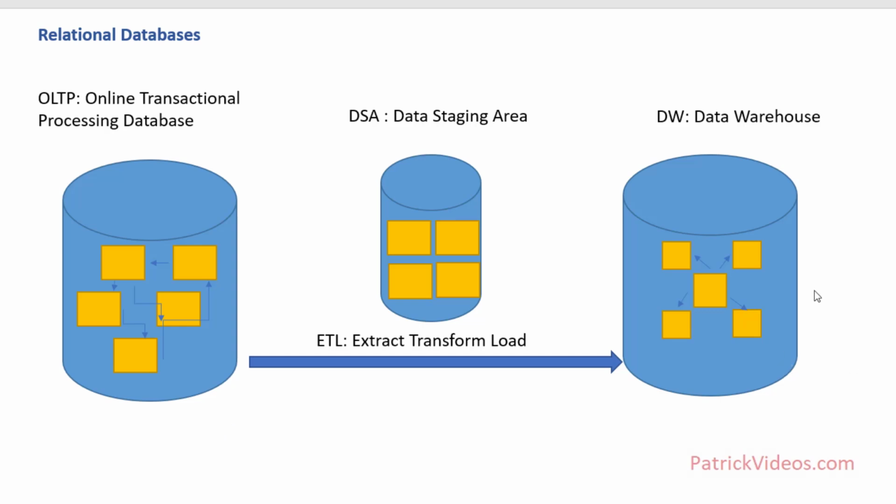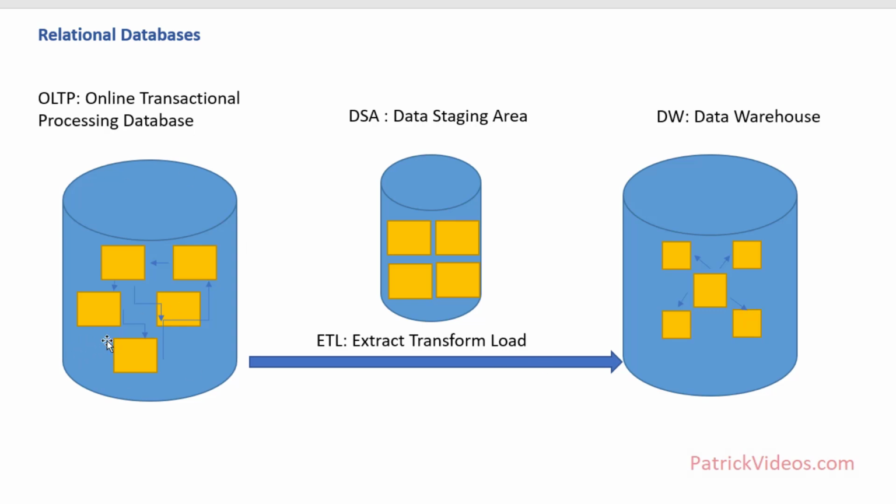A data warehouse has the same data in as few tables as possible. Duplicates are fine here. The aim of a data warehouse is that we should be able to generate reports as quickly as possible. So we extract the data from an OLTP database, send it through a data staging area where we extract, transform, and load the data into a data warehouse.